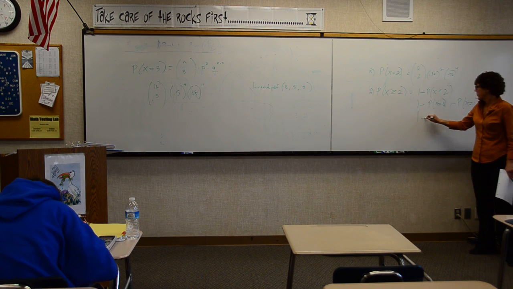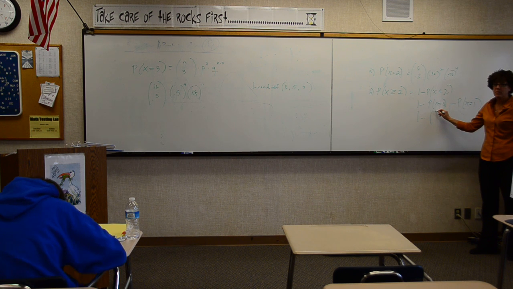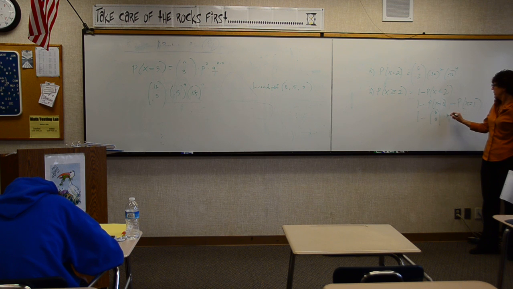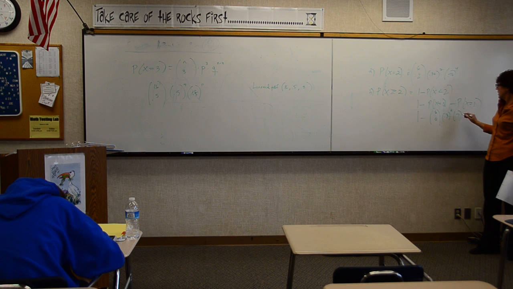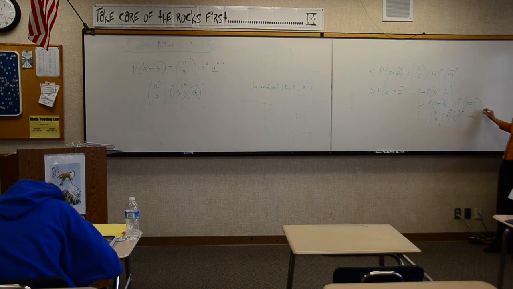Let's write this out. What's this going to be? 6 choose 0, 0.3 to the 0, 0.7 to the 6, minus 6 choose 1, 0.3 to the 1, 0.7 to the 5.